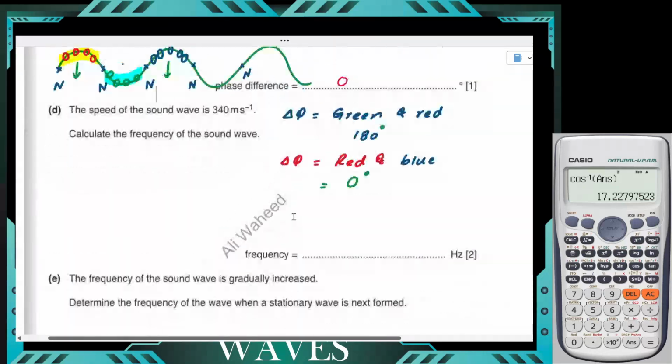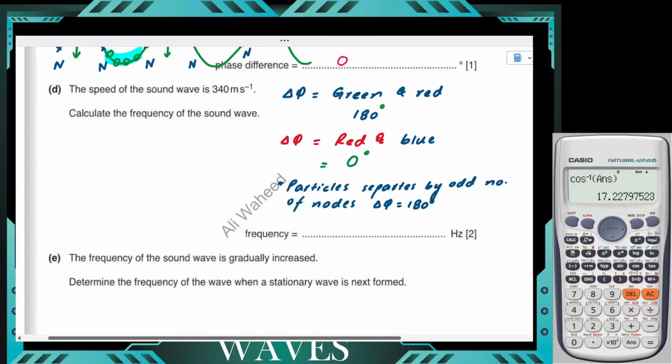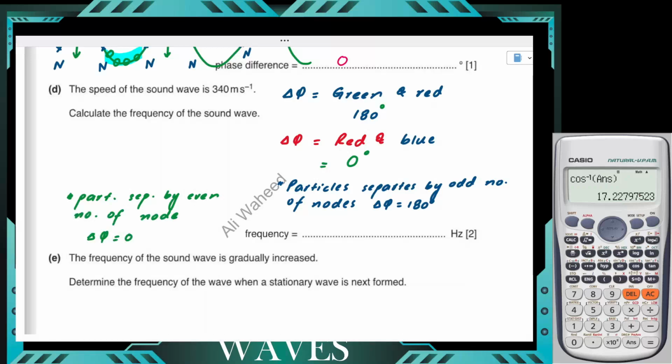So the general rule is, particles separated by an odd number of nodes have a phase difference of 180, and particles separated by an even number of nodes have a phase difference of 0. Keep in mind, 0 is also an even number.